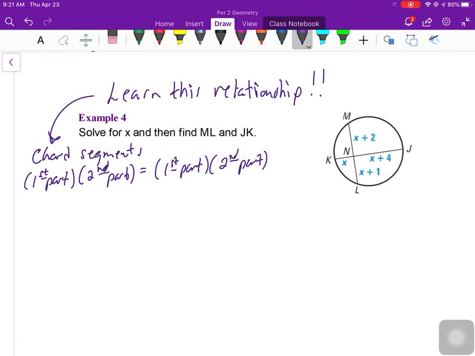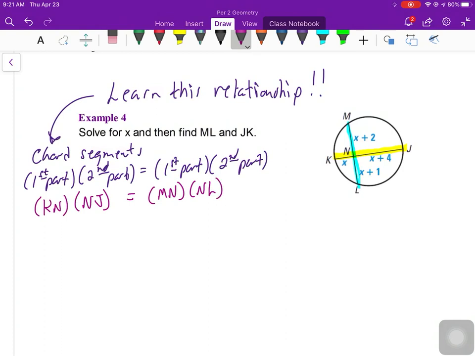So let's talk about the first segment. The parts of that segment are KN times NJ. The other chord segment is this one. So on that one, we would take MN times NL.